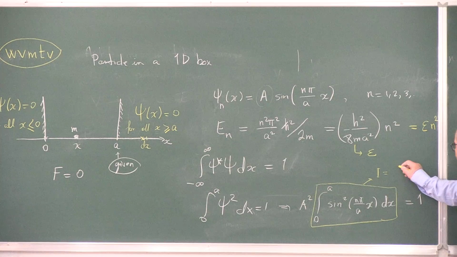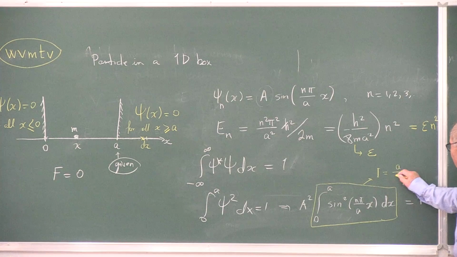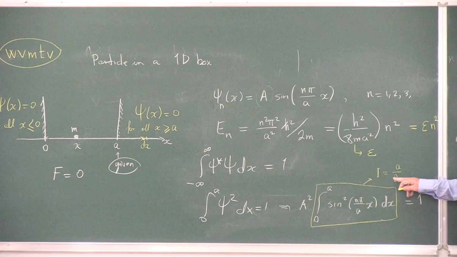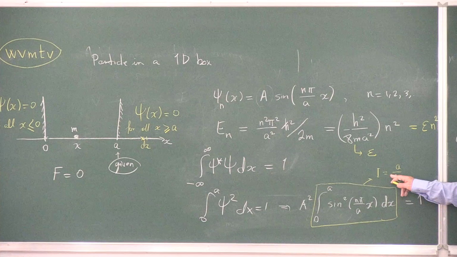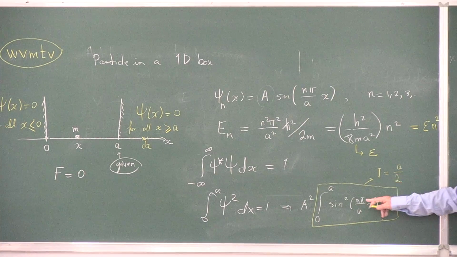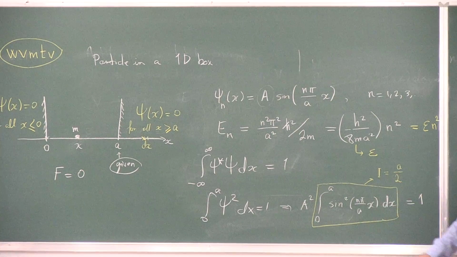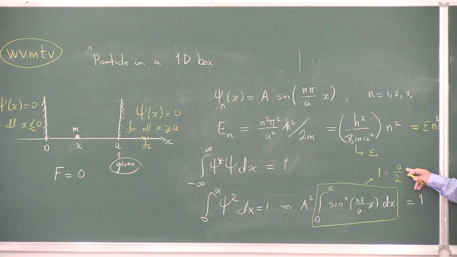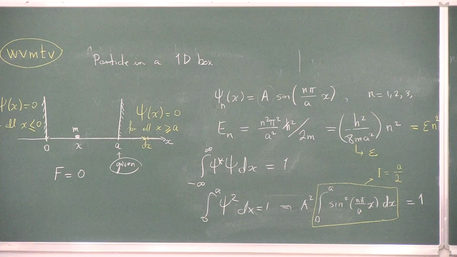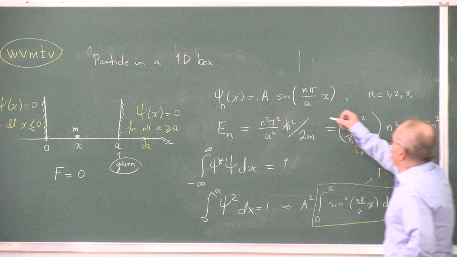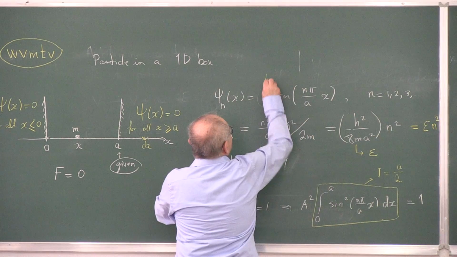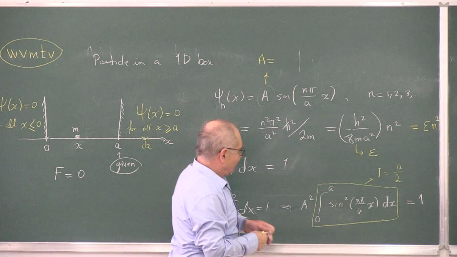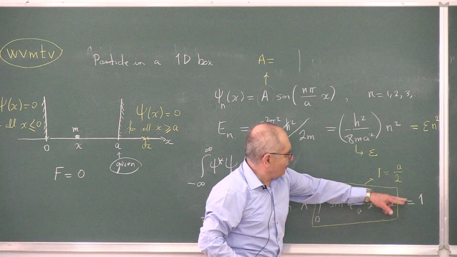The result is a over 2 after you put in the limits. And notice that the result does not depend on n. For all n values, we have the same integral, the same result. What is it? A over 2. Therefore, the value of the normalization constant is the square root of 2 over a.